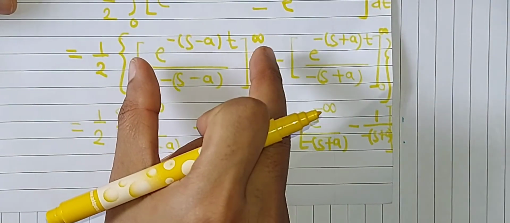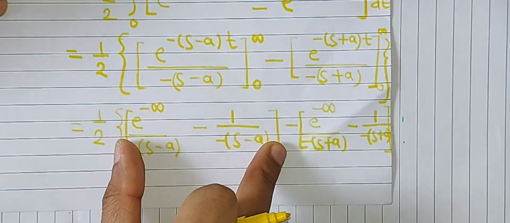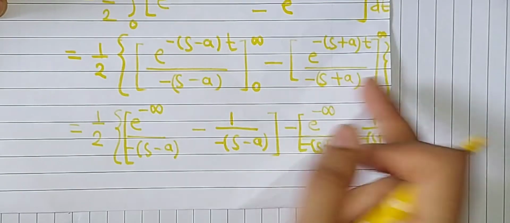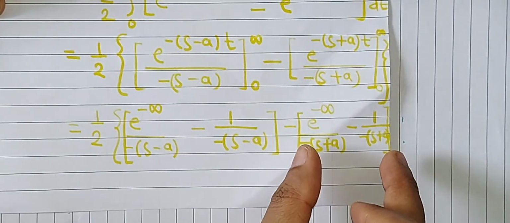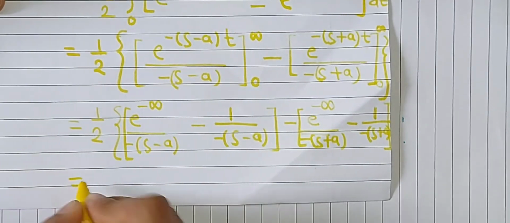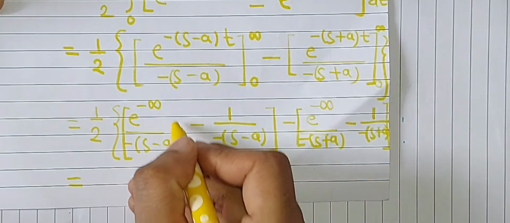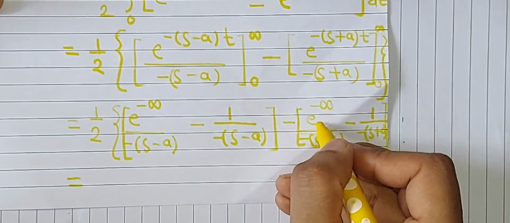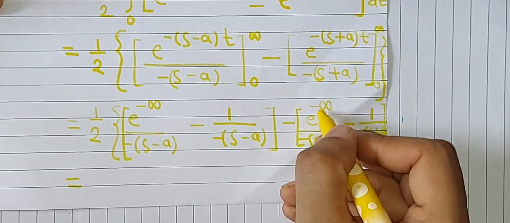So after putting the upper limit and lower limit in place of t, we have obtained this bracket. Similarly in the second bracket, after applying the upper and lower limits, we have obtained this bracket. Now check: e raised to minus infinity is equal to how much? 0. So the first term will be 0. Similarly for the third term, e raised to minus infinity is 0, and 0 upon something is again 0.